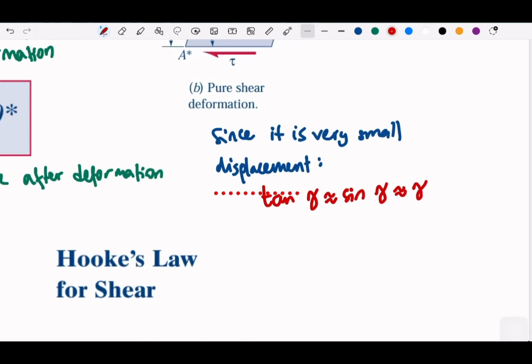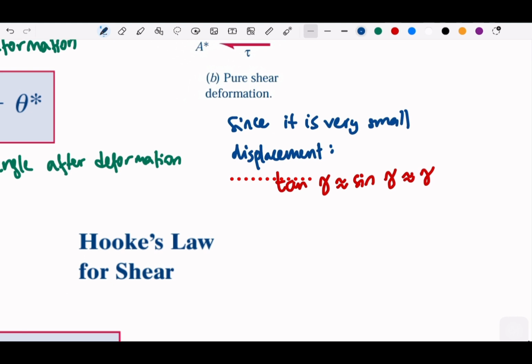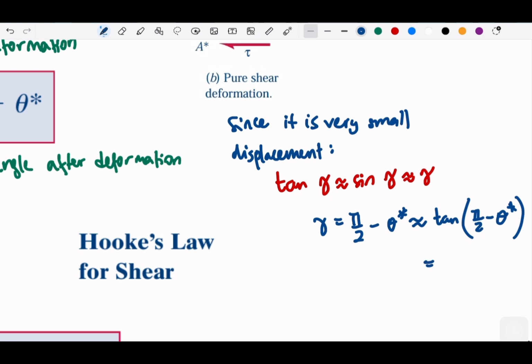So we write that gamma equals pi over 2 minus theta asterisk, approximately the tangent of pi over 2 minus theta asterisk, which is equal to delta S over L S.